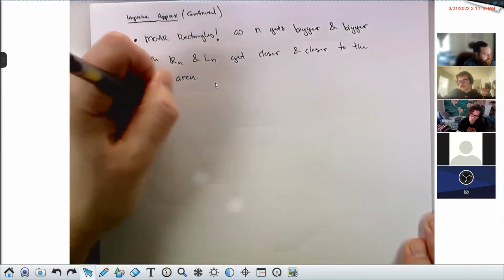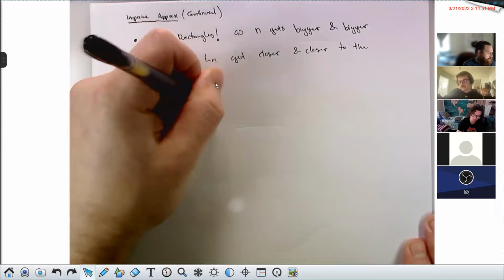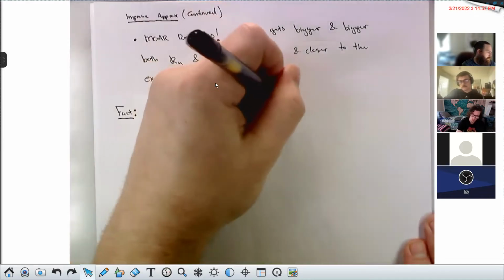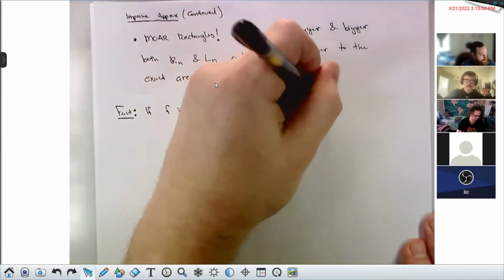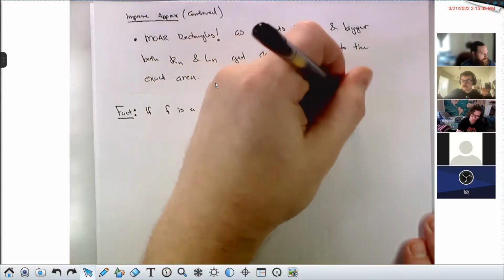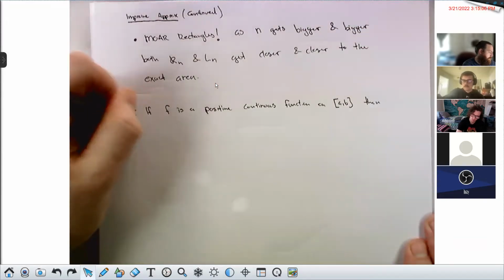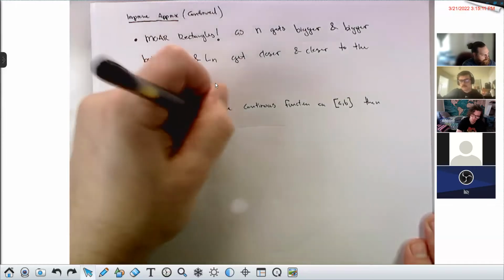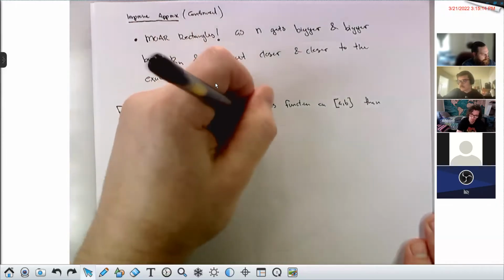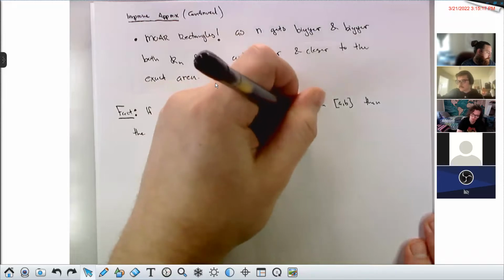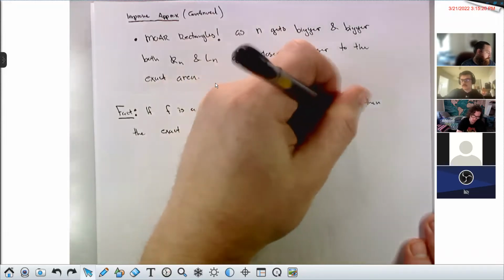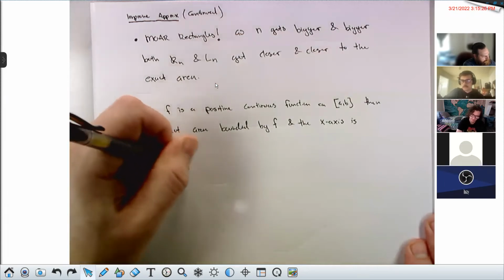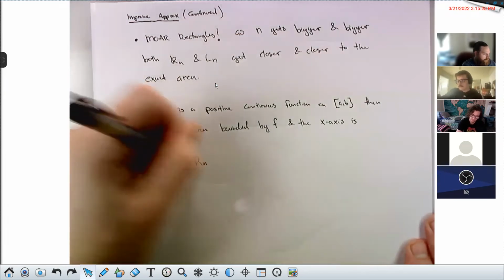If f is a positive continuous function on the interval [a, b], then the exact area bounded by f and the x-axis is the limit as n goes to infinity of R_n.